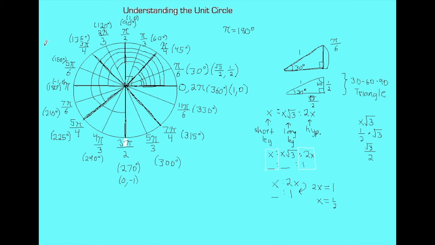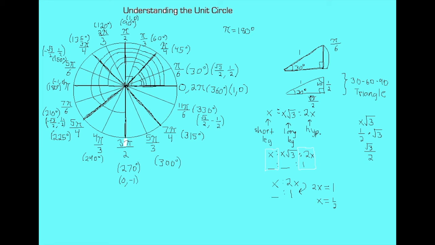So for 5 pi over 6, the coordinates are going to be negative root 3 over 2, comma 1/2, because 5 pi over 6 is in the second quadrant, where the x values are negative. 7 pi over 6 is going to have the coordinates negative root 3 over 2, comma negative 1/2, since 7 pi over 6 is in the third quadrant, where the x and y values are negative. 11 pi over 6 is going to have the coordinates root 3 over 2, comma negative 1/2, since the y value is negative.